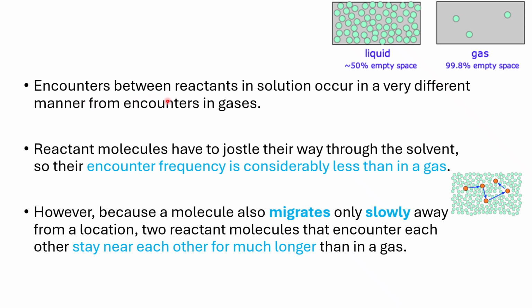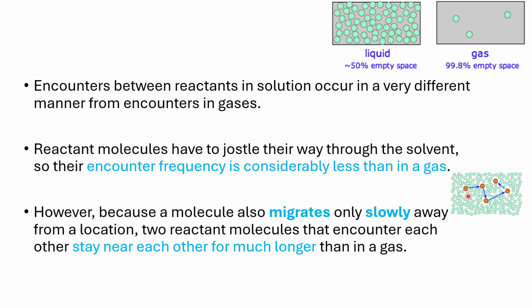The empty space will change as time goes. An encounter between reactants in a solution will occur in a very different manner from an encounter in the gas, meaning the chances for reactant molecules to bump into one another and meet each other become different compared to the gas phase. Reactant molecules have to jostle their way through the solvent.